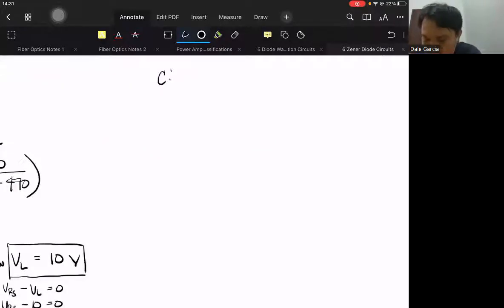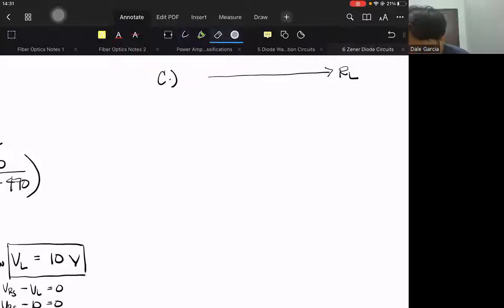Let's think of it like this: this line is the axis for RL.